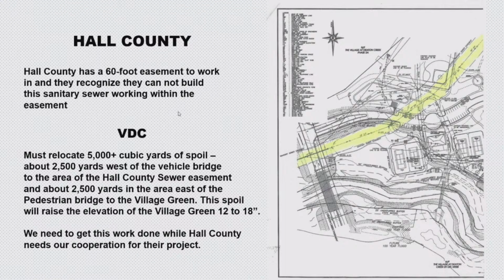Now, we want to get this done. Well, we have some leverage with Hall County. They can't construct this thing within a 60-foot easement. It just can't be done, and they know it. You remember the stage over here for the green.